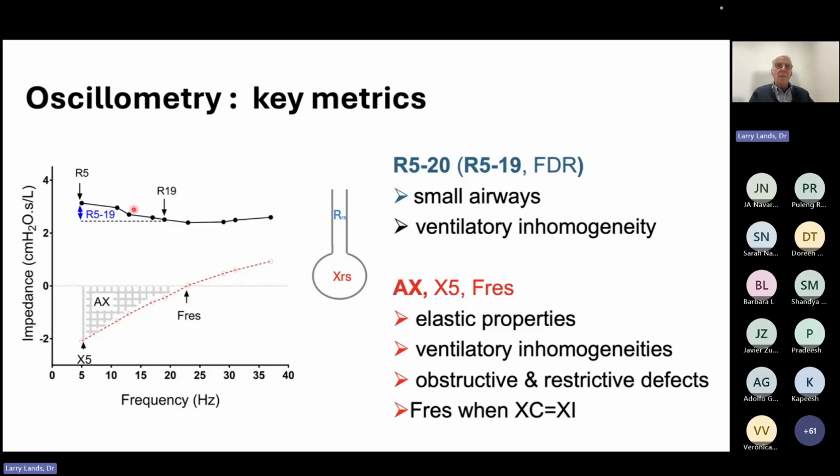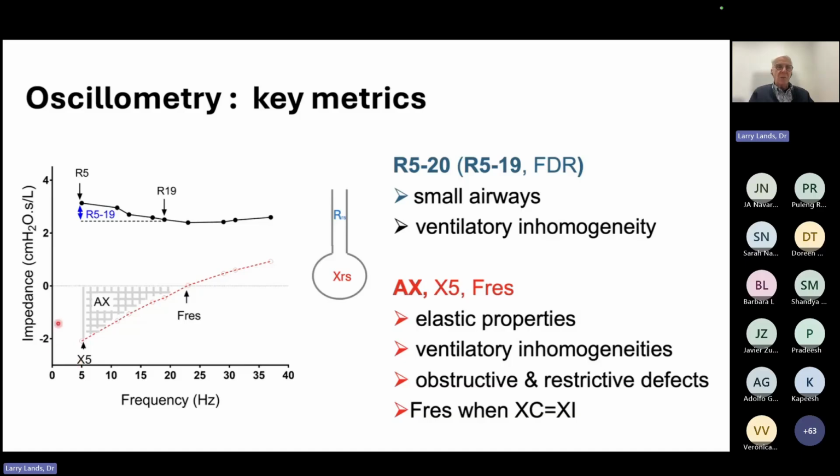Then we will look at a measurement further down, usually at 19 to 20 hertz. That's for the resistance curve. And you will see that in health there is no FDR, frequency dependence. There's no change in the resistance with frequency.